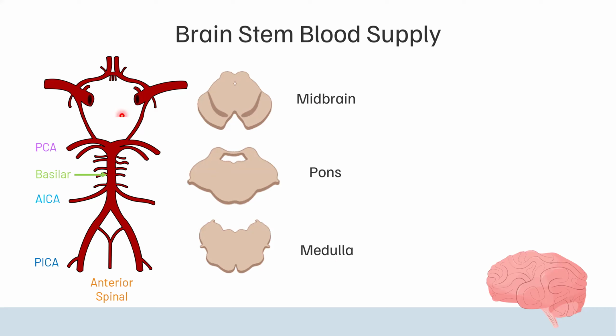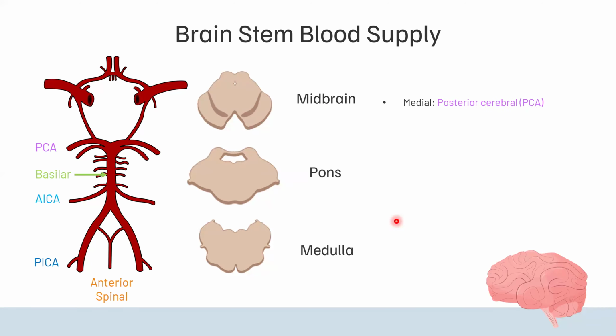So I want you guys to think back to the anatomical position of everything, where we had the pons right here, right? And then we had our midbrain here, and we had our medulla right here, right? So I want you guys to link that back, and that's why I placed those where they are.